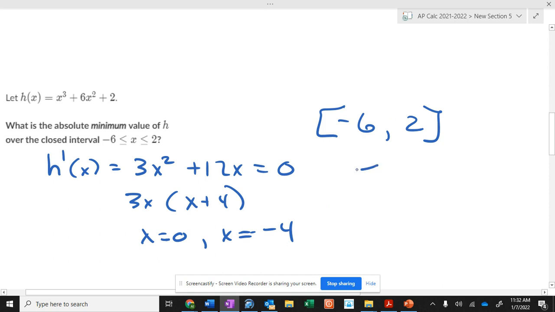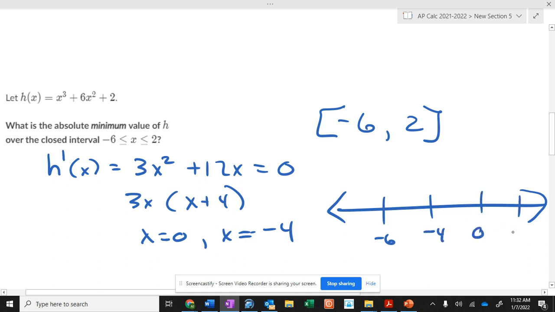Yep. So you have checkpoints of -6, -4, 0, and 2.